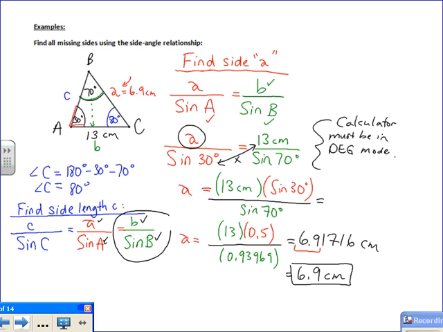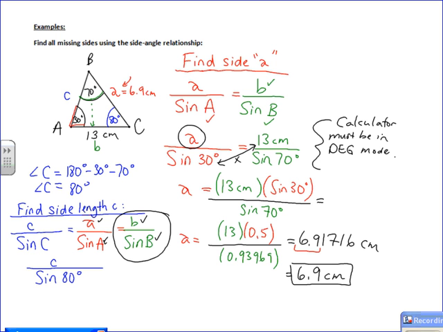So I might choose to set C over the sine of C equal to B over the sine of B. So let's go ahead and do that. C is unknown to us, so we're going to just leave it like this, but it's over the sine of 80 degrees, because that's angle C. And it's going to be equal to 13 centimeters over the sine of 70 degrees. Again, I'm just rearranging this equation to solve for C, so I need to get rid of my denominator.